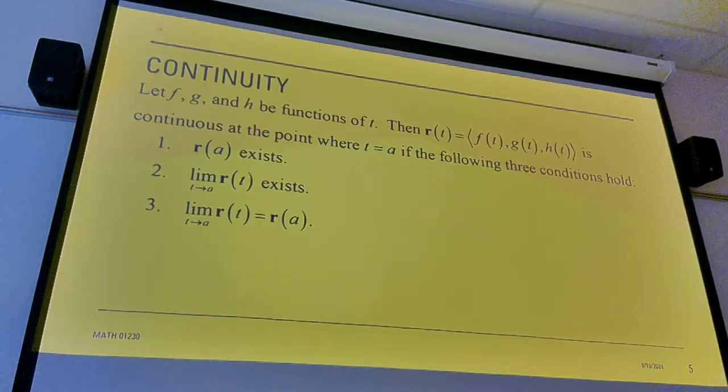And the limit of each component has to evaluate to the value of that component at the point. So the limit of r of t has to be r of a. And then all of the same rules of continuity apply.